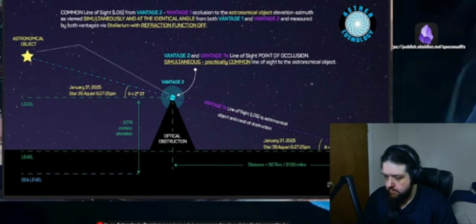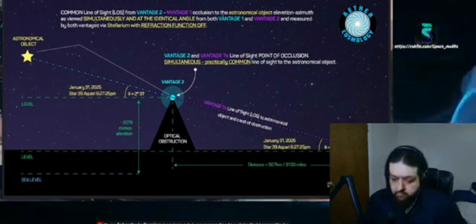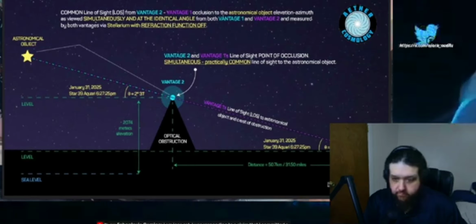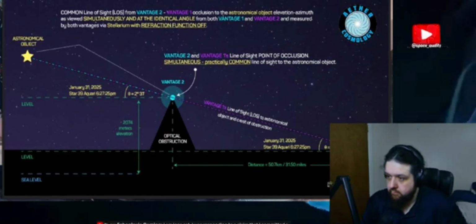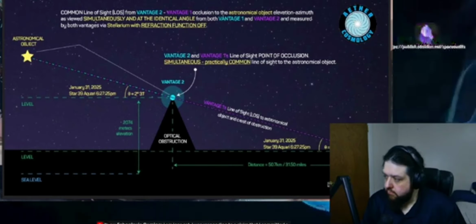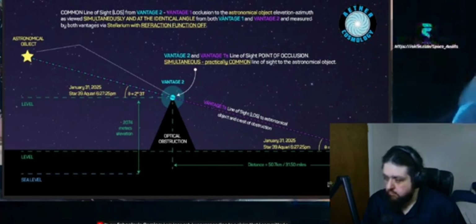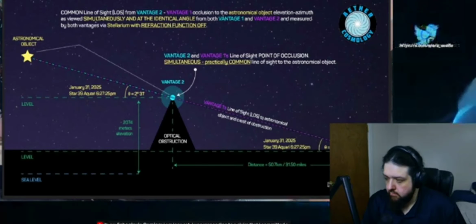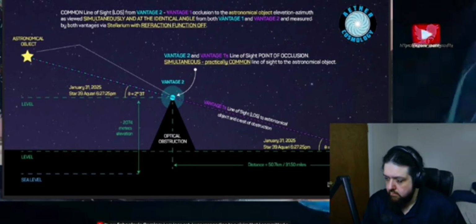Why not do 204 and see where that lines up to when the star's at 204 from the top of the mountain? Because 204 would be if we were able to cut the ground out from underneath his house to another observer at a further location away and use his house as the occluding object. What? No, 204 is from vantage 1, right?